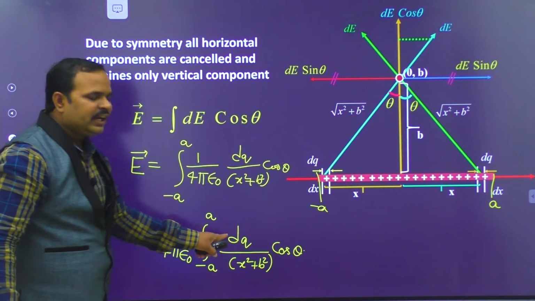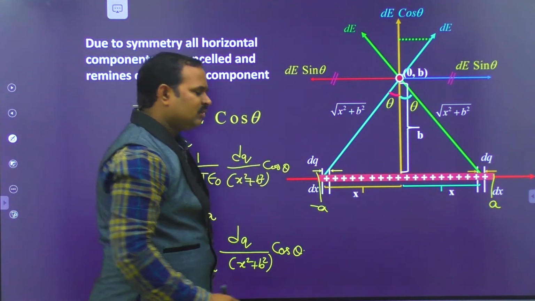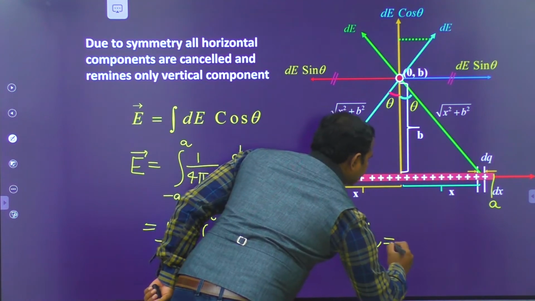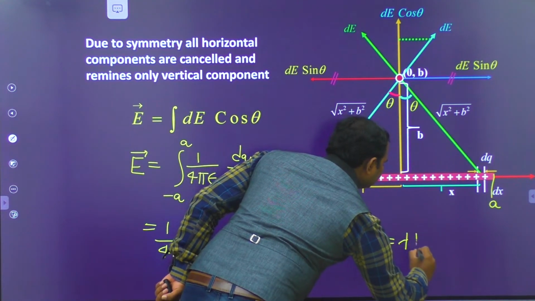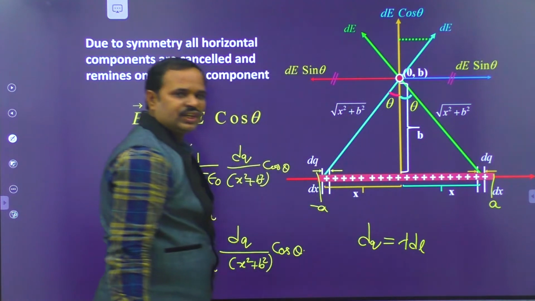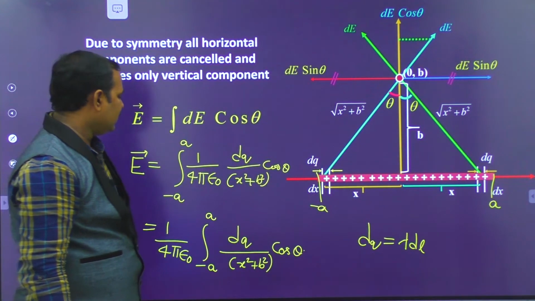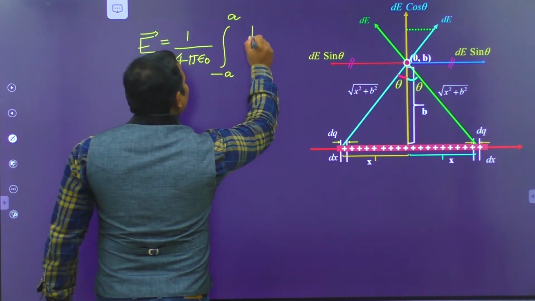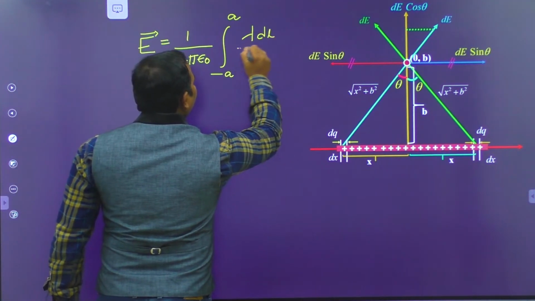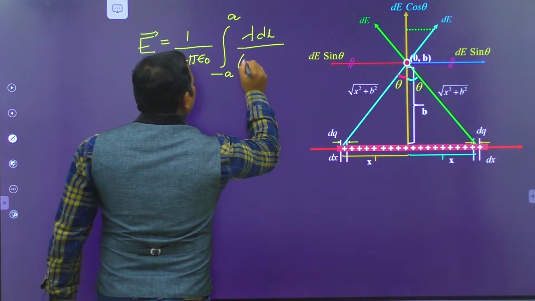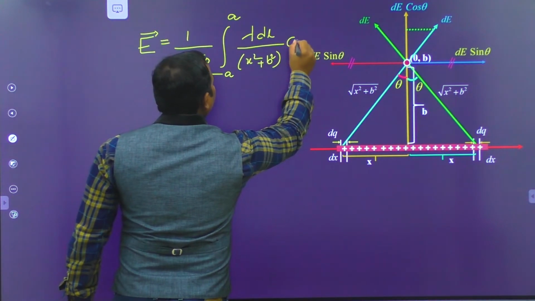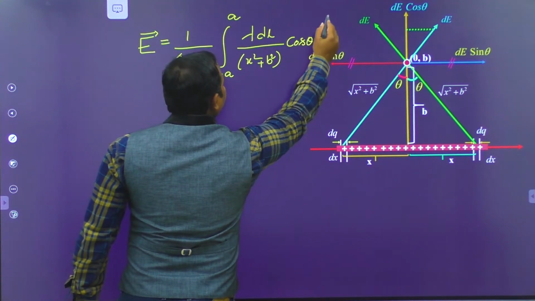Let's see here dq, this is a uniform charge distribution. When you have a uniform charge distribution along a line, we can write dq = λ dl. So now we can write λ dl/(x² + b²) into cos θ.